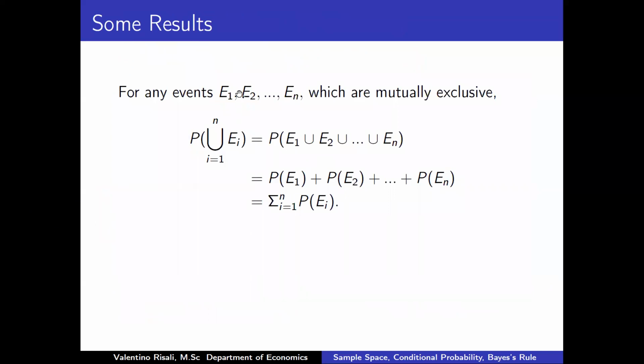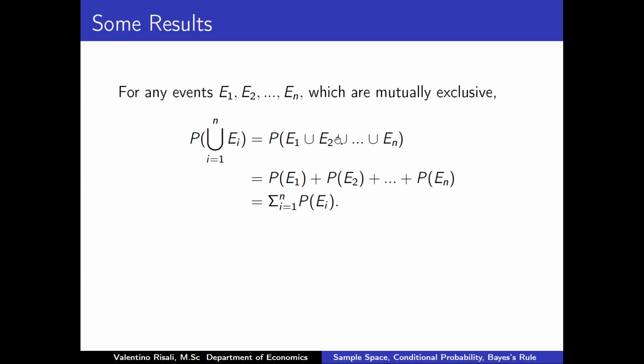If we restrict it to a finite number of events, E1, E2 until En, from PA3 we can write this probability like this. If it is finite, we can list all of them, and then from PA3, this probability is equal to this summation, PE1 plus PE2 until PEn.